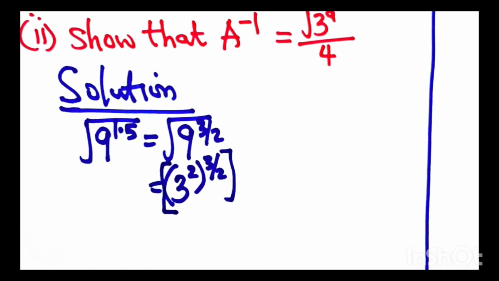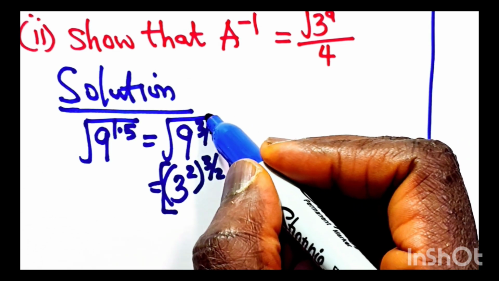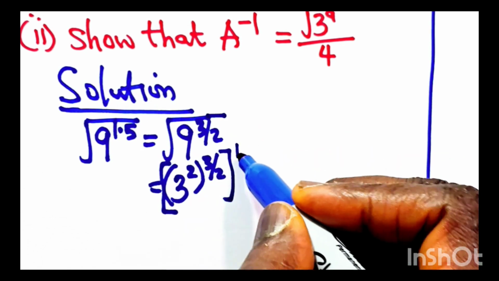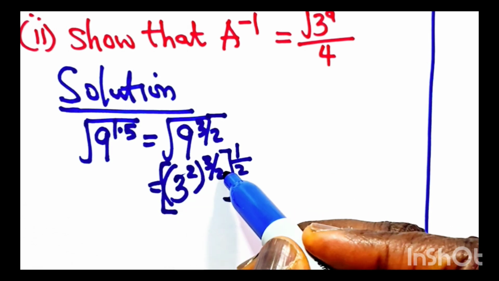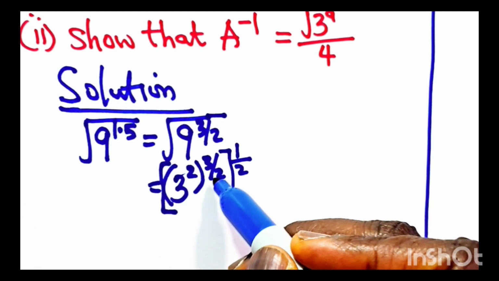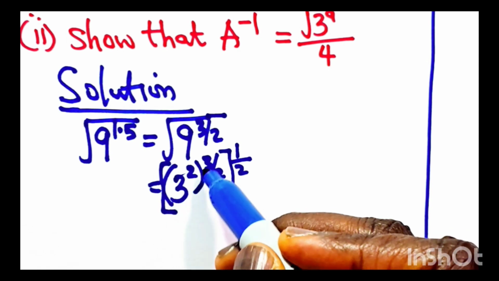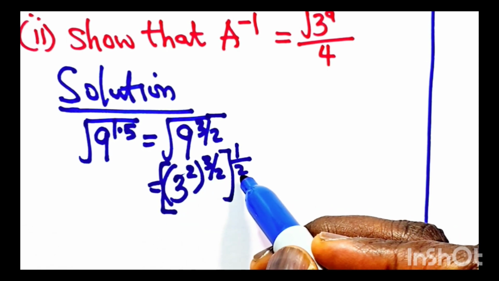I'm bracketing all of them together because I know that the square root is the same thing as saying 1 over 2. So if this cancels this, I'll still have 3 raised to the power 3 over 2.